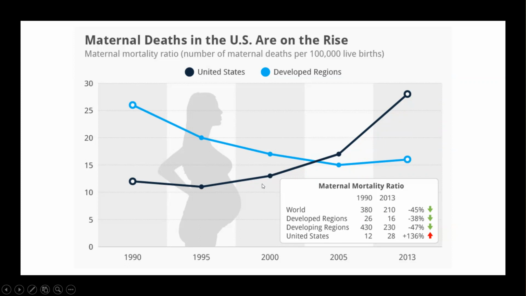But if you're looking here at the developed regions, you can see throughout the last 30 years, we've seen a significant decline in maternal mortality. But in the United States, which is this black line, we've seen a significant increase. And like I said, we could spend an entire class just discussing this, but this is a terrifying slide.